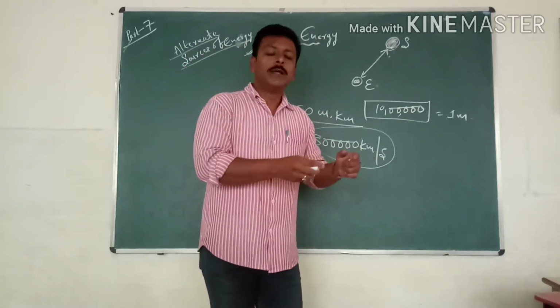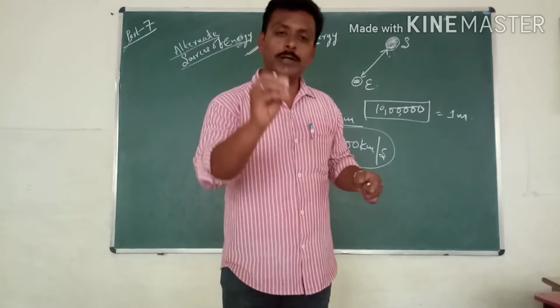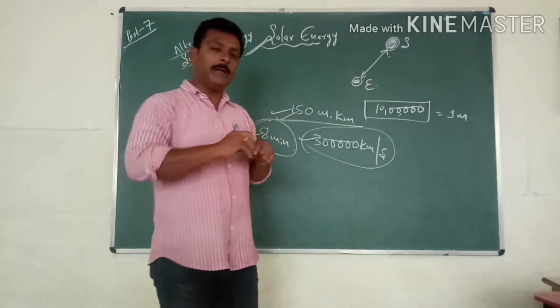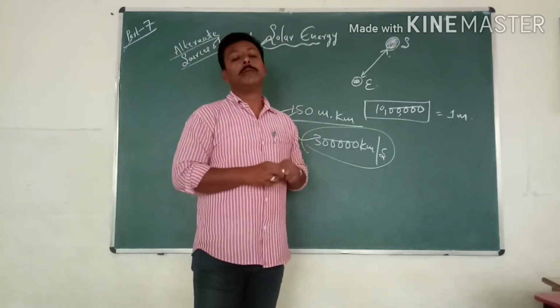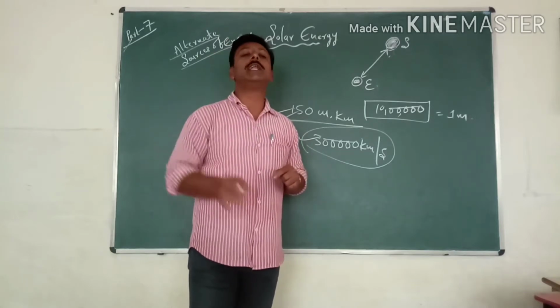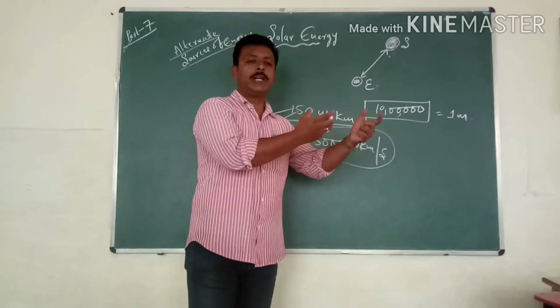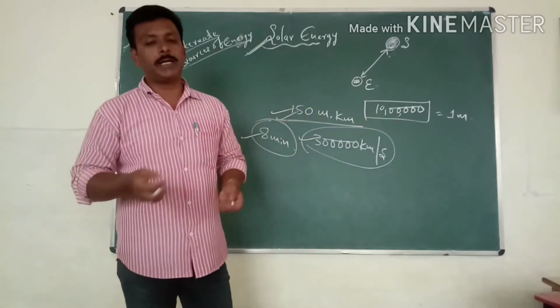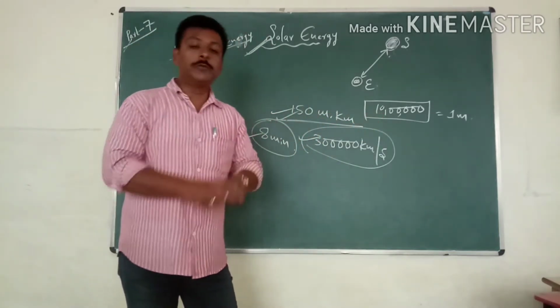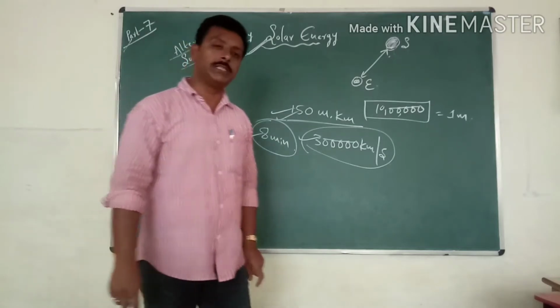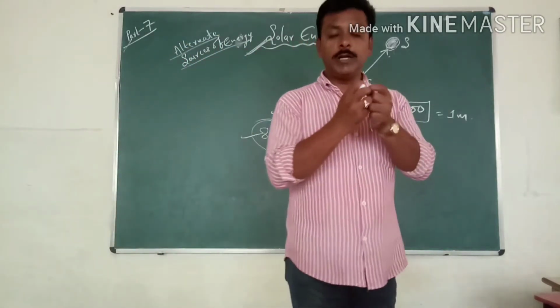These are the main composition of our sun. Not only the sun, as all of you know, sun is also one star. Similarly, almost all stars are also made up of hydrogen and helium only. These hydrogen atoms and helium atoms undergo nuclear fusion reaction.